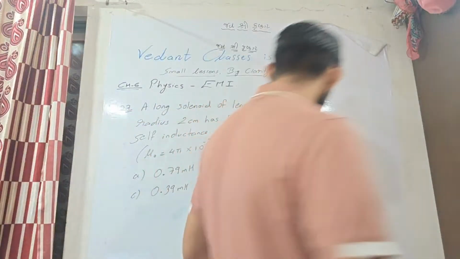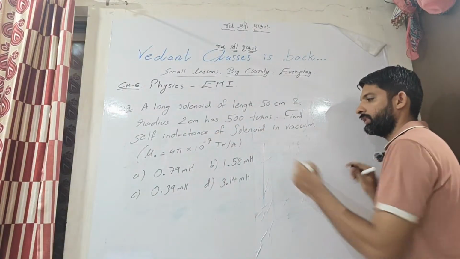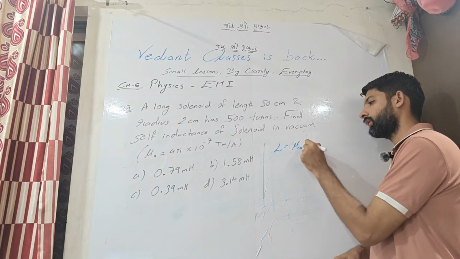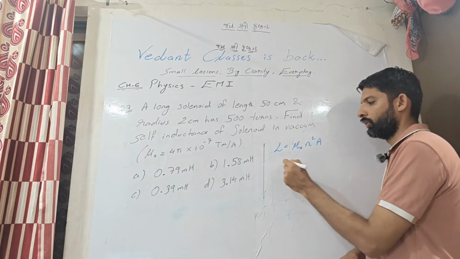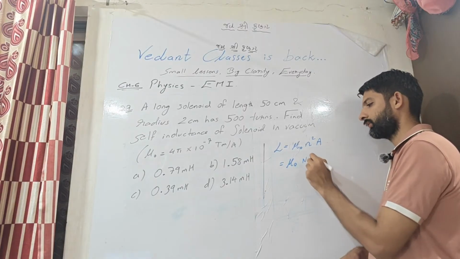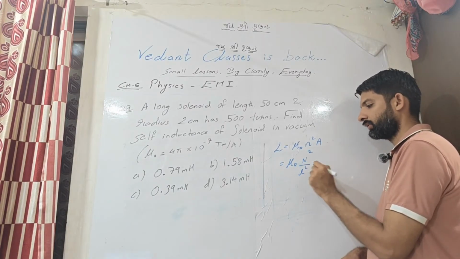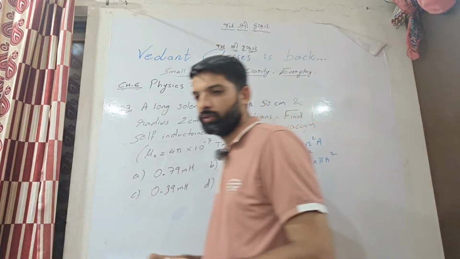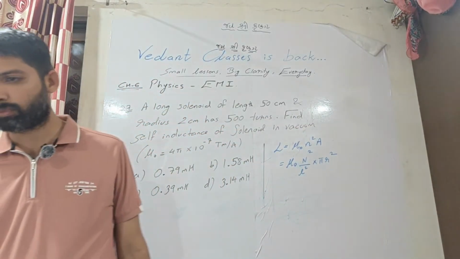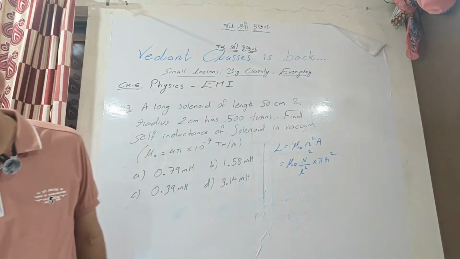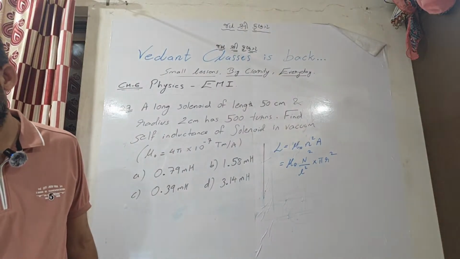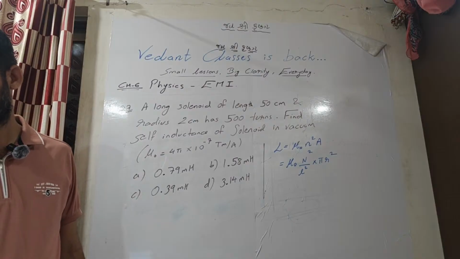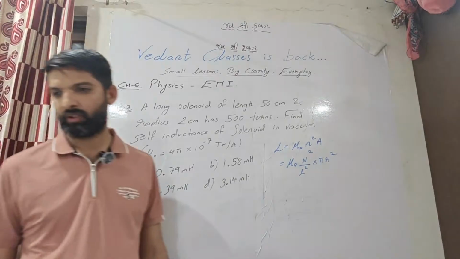Okay, I'll give you a formula. Self-inductance for a solenoid, you can derive it: mu naught n square A. So here, mu naught n square by L square into pi r square. All these values are there in the question. You can put them in and find the answer. Yes, option A is the right answer.